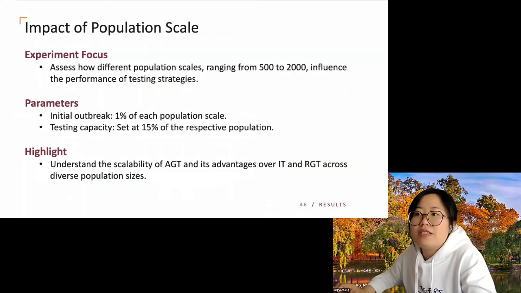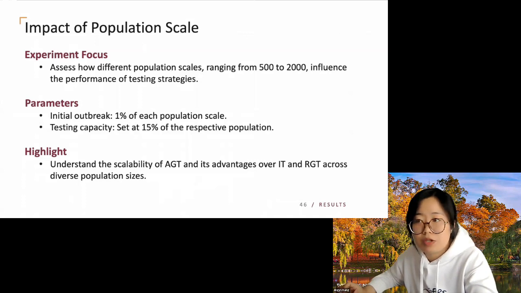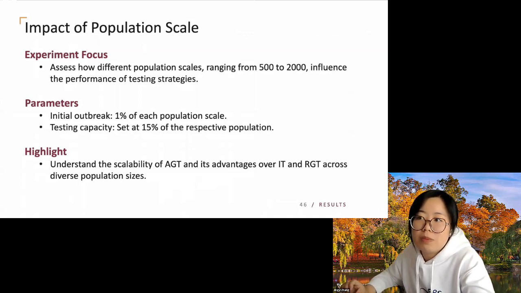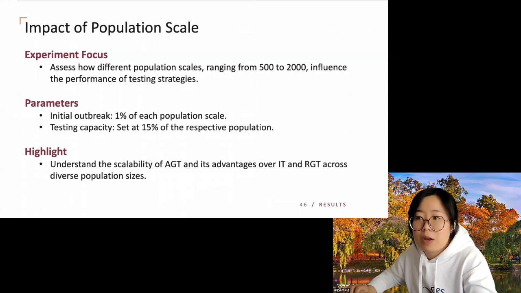We also investigate how the population scale affects the performance of the testing strategy. We simulate 4 population scales ranging from 500 to 2,000 and set the initial outbreak size as 1% of each population and testing capacity as 15% of the corresponding population.